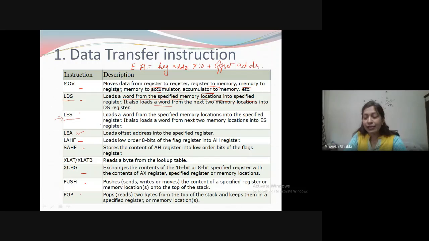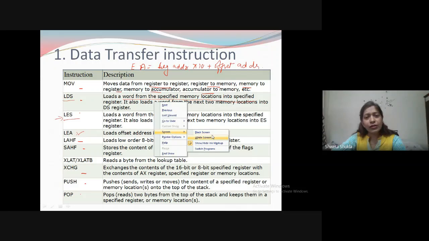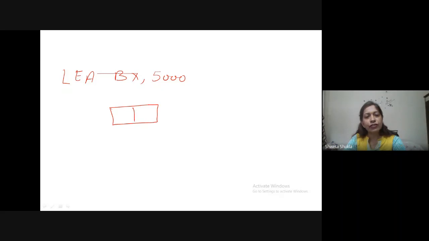For example, let's see how we will begin with that. Suppose the instruction is LEA BX, 5000H. Whatever value is in the memory location 5000H will go to the BX register. For example, we have memory locations 5000, 5001 and 5002.